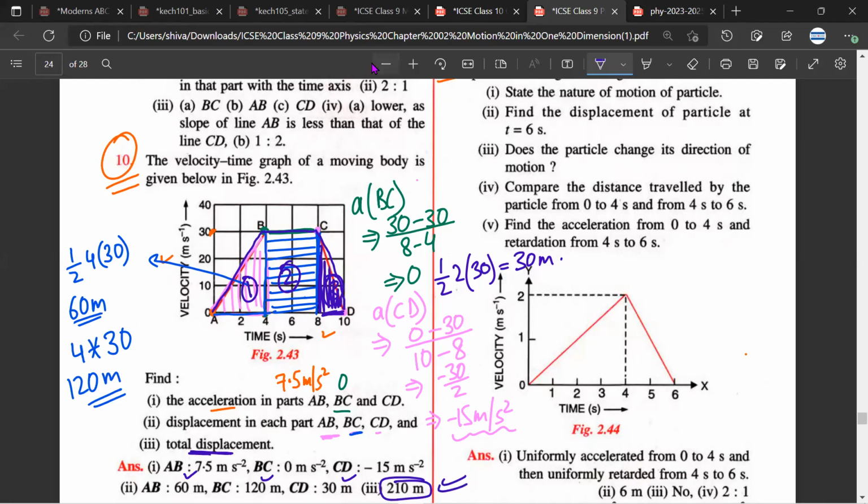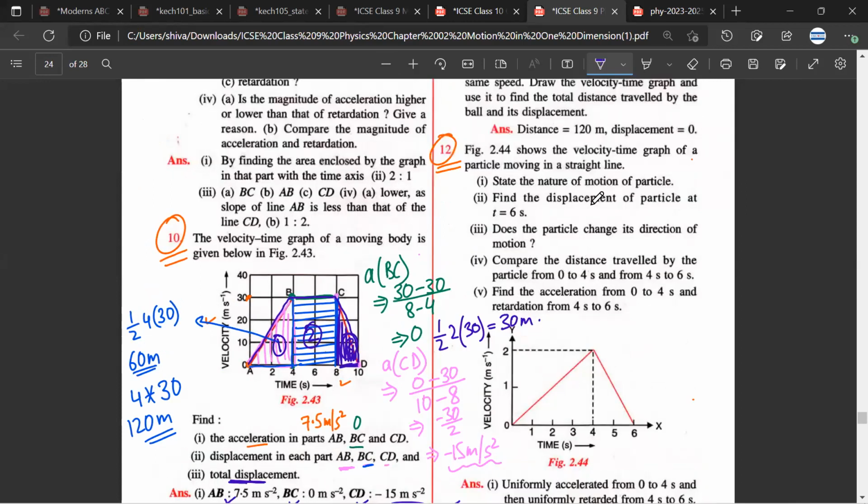Now just try to do question 12 again. See whether you are able to do all the parts. Sir, I have a question. I don't understand question 12a.